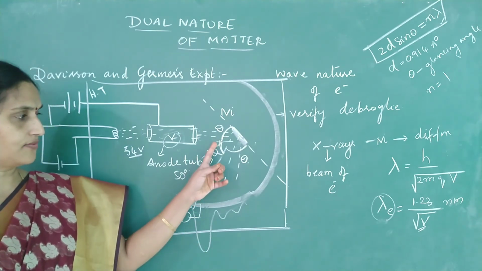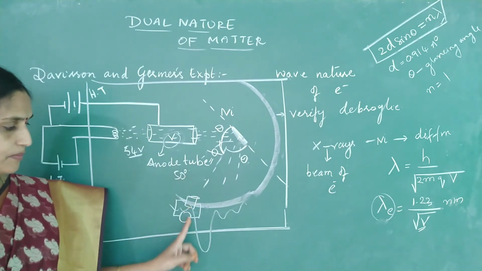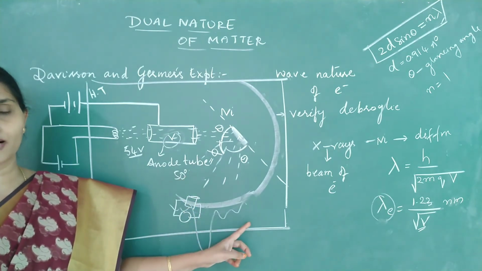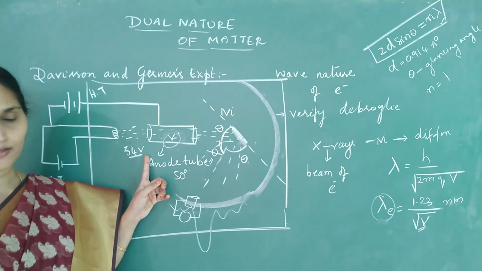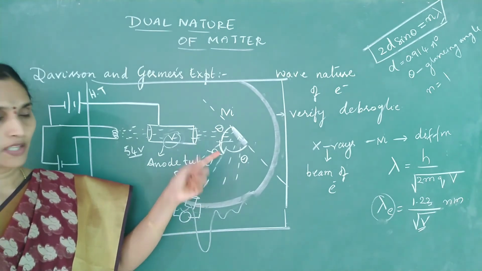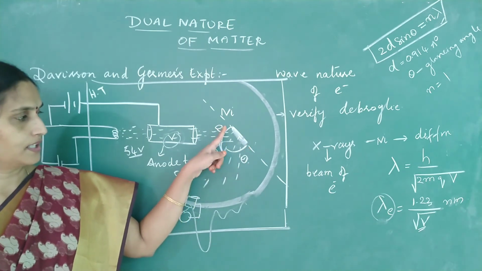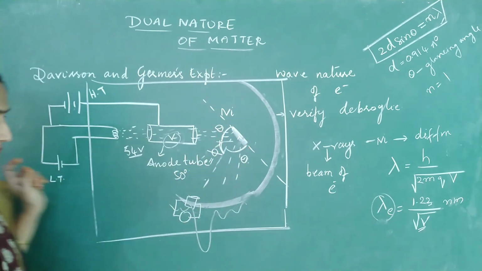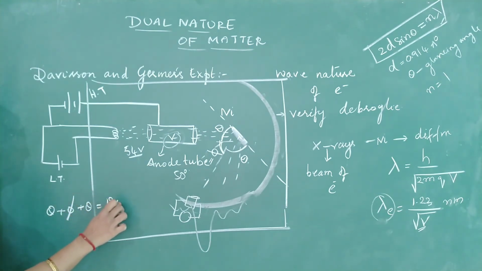And what is the angle phi? The angle phi was found to be 50 degrees, where a very high peak of diffraction was observed and the accelerated potential was 54 volts. So you know the accelerated potential and you know the value of phi. If you know the value of phi, tell me what will be the value of theta. Glancing angle theta, deflecting angle phi, phi plus 2 theta is 180.